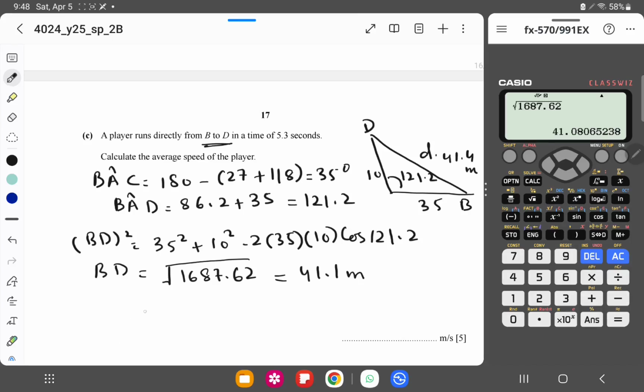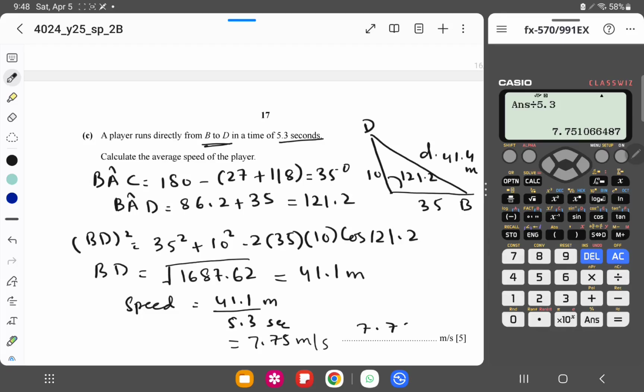Okay, so now the speed is equals to distance upon time. Time was given in the question, which is 5.3 seconds. 41.1 divided by 5.3, and you are getting 7.75 meters per second. 7.75.